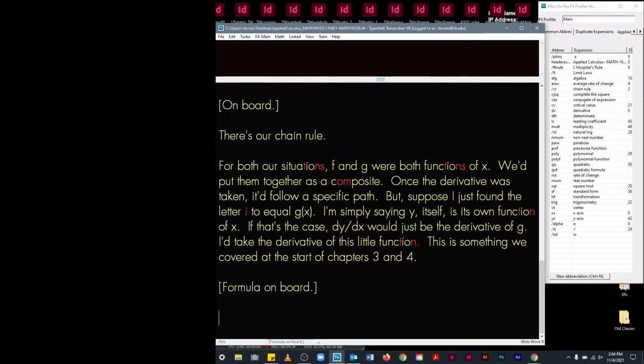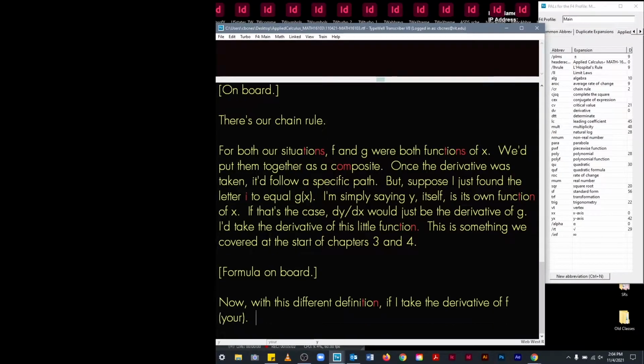Now, with this different definition, if I take the derivative of f of y, I'm going to get f prime of y times dy dx. It does follow the chain rule exactly in form and structure. The only thing that's different is a tiny little bit of notation.